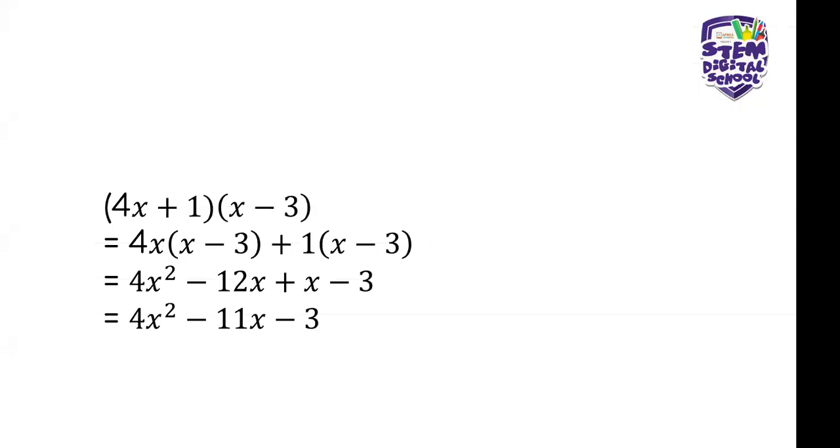Thereafter, the like terms that you have there are negative 12x as well as positive x. So basically, you have the like terms, and if you group them together, negative 12x plus x will give you negative 11x. So the final answer there, you will have 4x squared minus 11x minus 3.